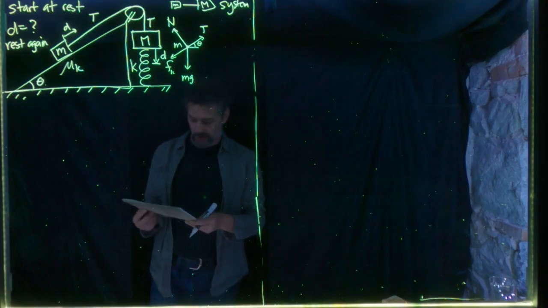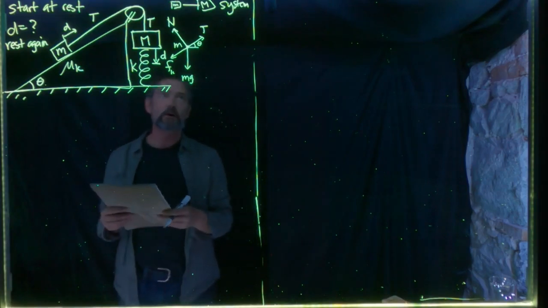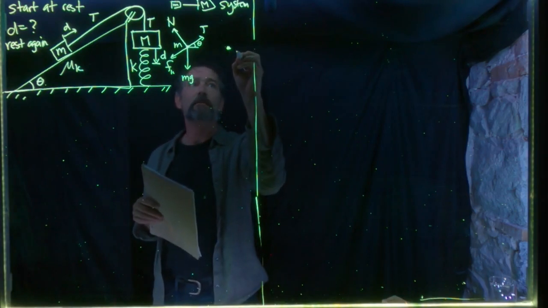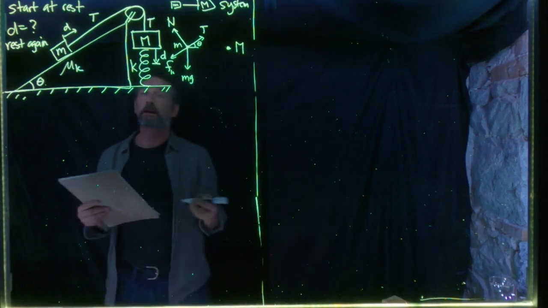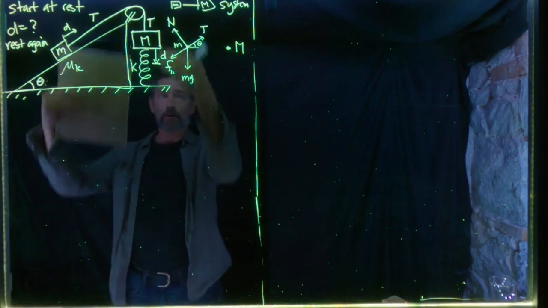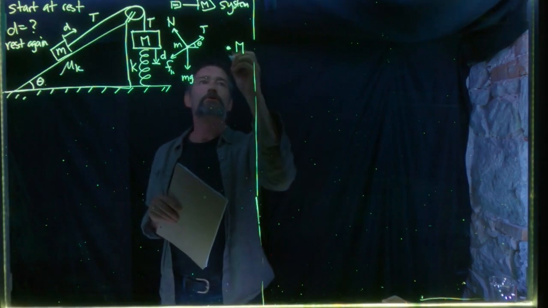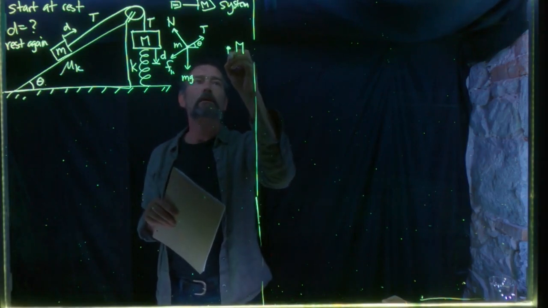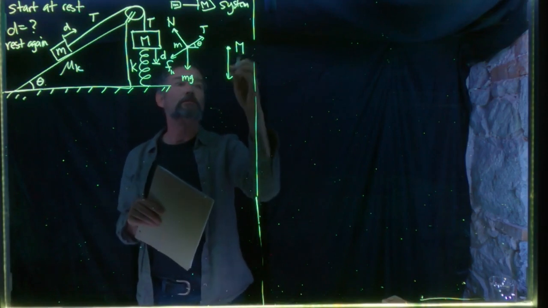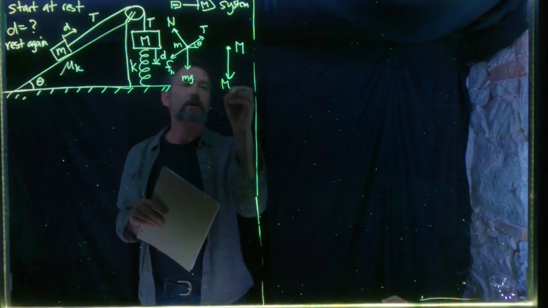So we're going to use that diagram. And then also there's a free body diagram for the mass big M. For big M, there is a field force, gravity pulling down, which is bigger than this one, because big M is probably bigger. So it's going to be big Mg pulling down.